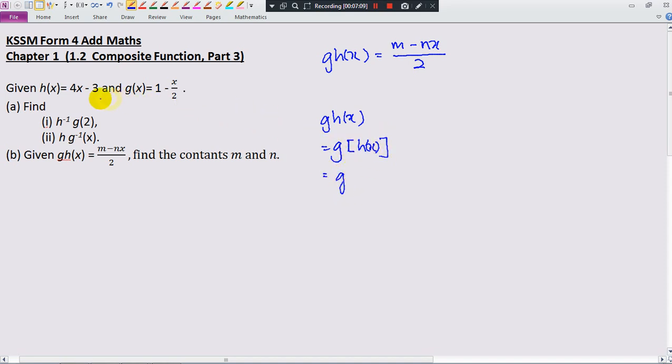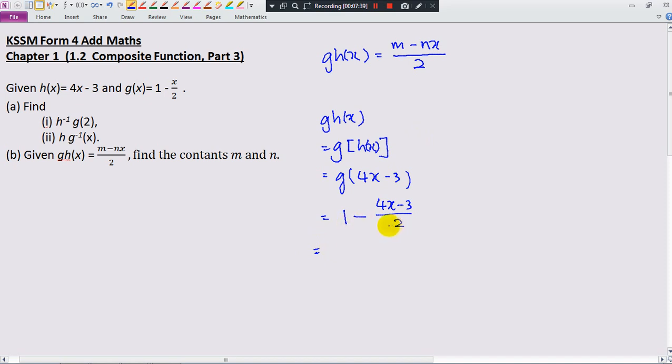h of x is equal to 4x minus 3. g of x is equal to 1 minus x over 2. Now I want to change this form to this, so that later I can compare them easily and get the values of m and n.